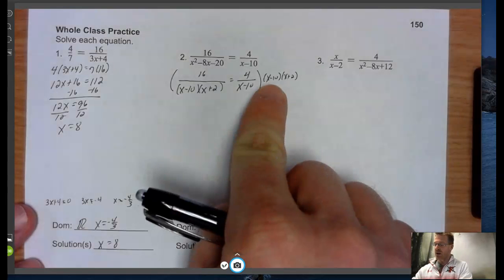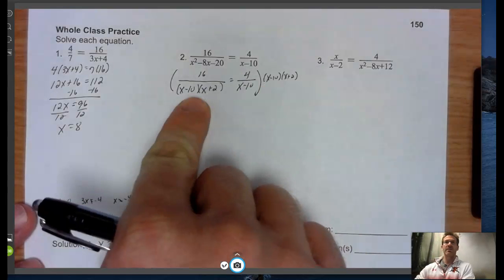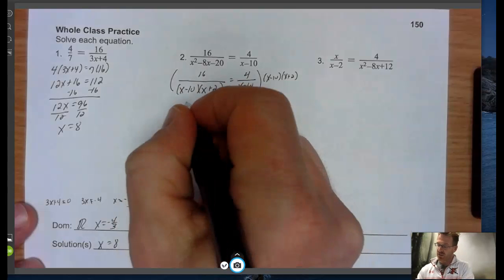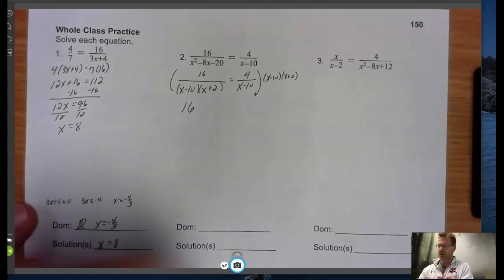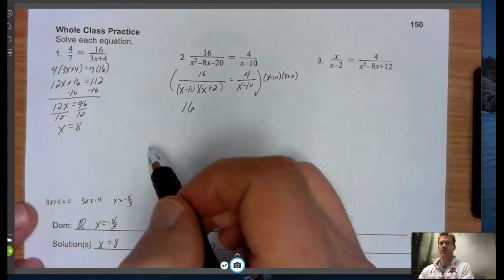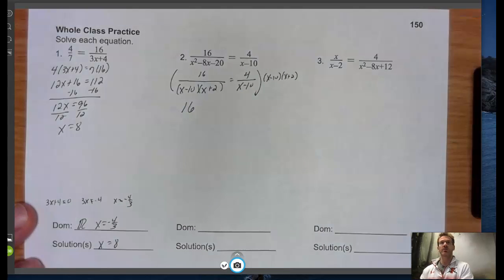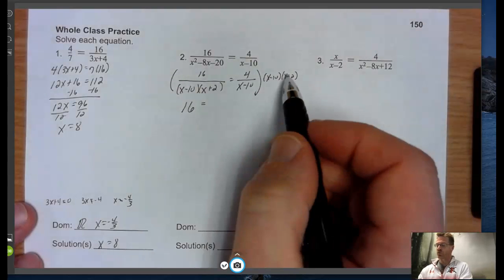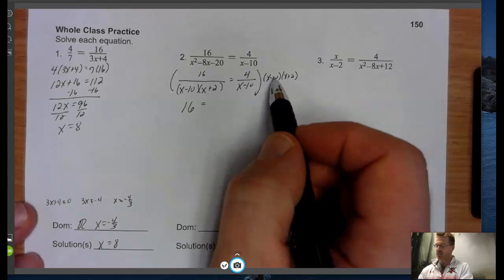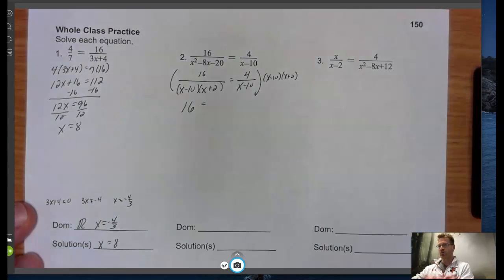So notice x minus 10 times x plus 2 times the left side is just going to leave me 16, because the x minus 10 over x minus 10 is 1. X plus 2 over x plus 2 is 1. And then equals 2. Now, when I distribute on the right-hand side, x minus 10 times x minus 10, that's 1.